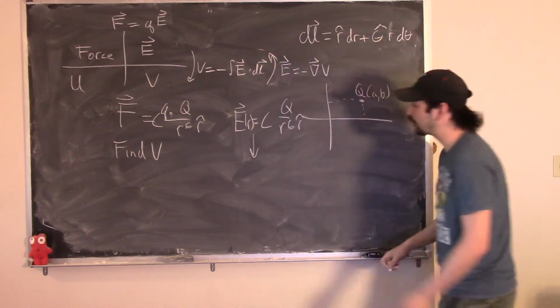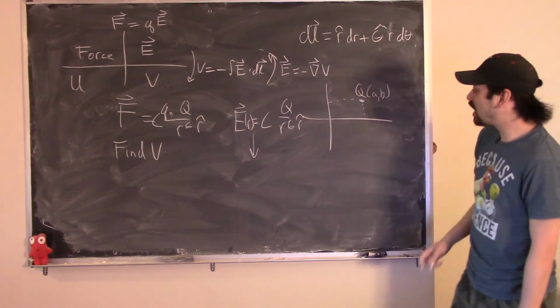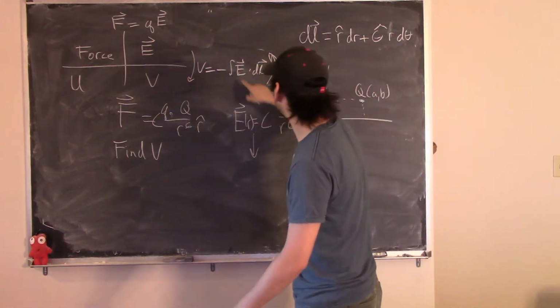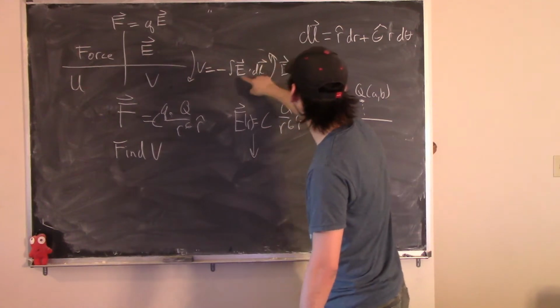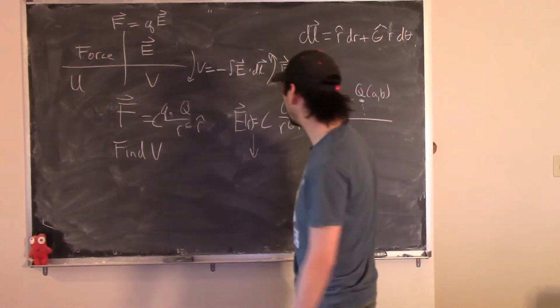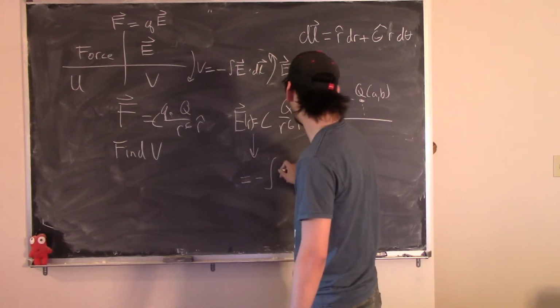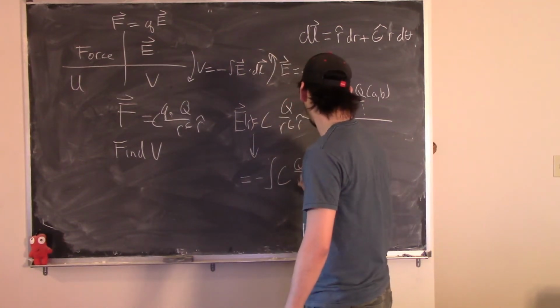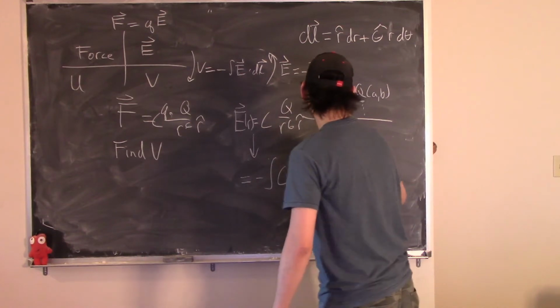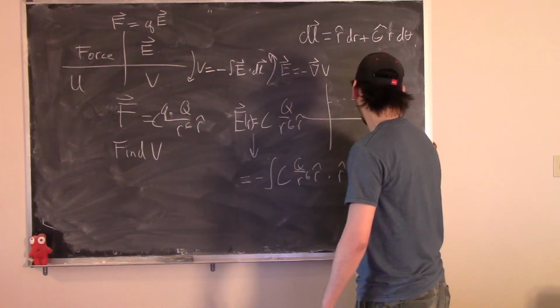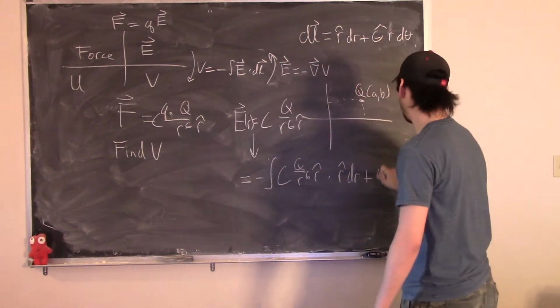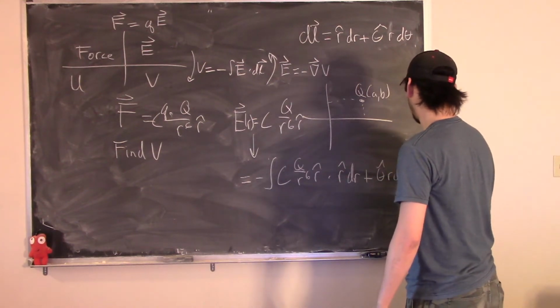Now when we take this electric field, take the dot product with this dl and then integrate, we're going to have an equation that looks like this. So this is negative integral of CQ divided by r to the 6th, r hat dot r hat dr plus theta hat r d theta.